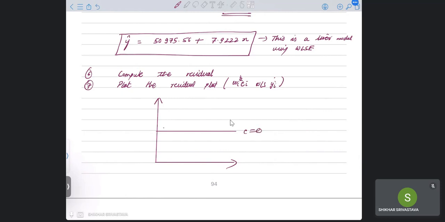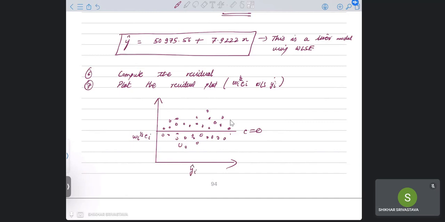On the y-axis you have the residuals, on the x-axis you have the model predicted yi.